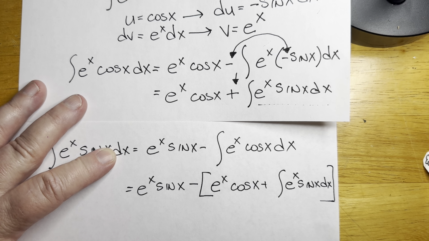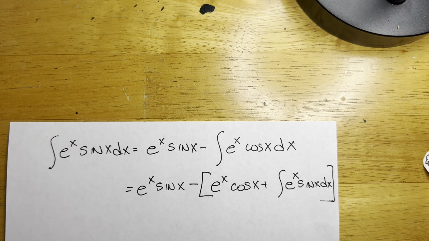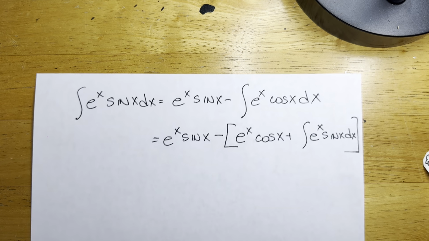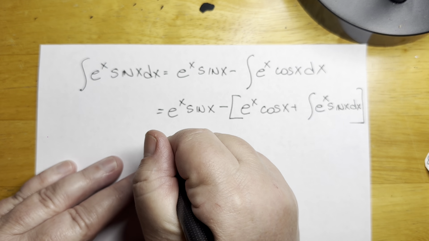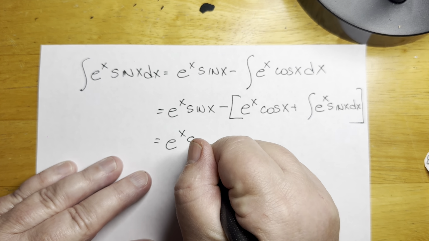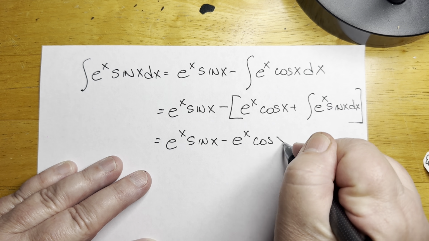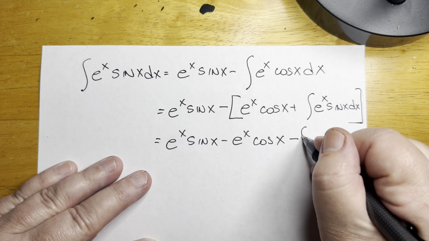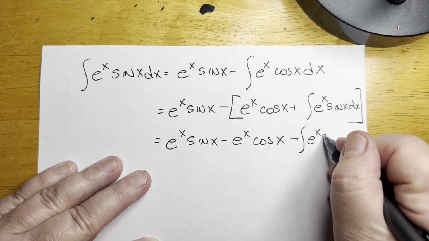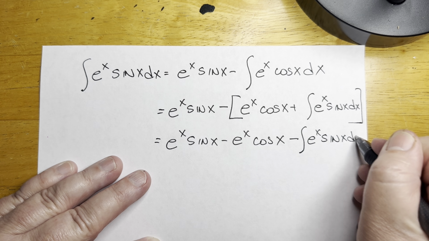Okay, so that means that I've got e to the x sine of x minus e to the x cosine of x minus the integral of e to the x sine x dx.